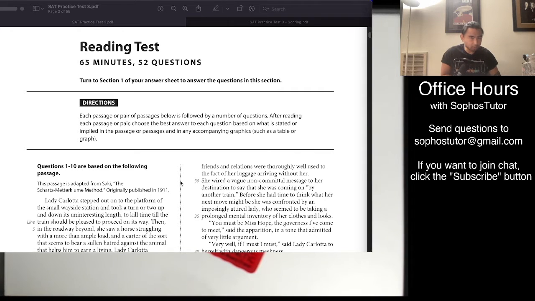For example, this particular passage was written in 1911. So the language will be very different, the values will be very different, and a lot of the answers can feel really subjective and arbitrary.